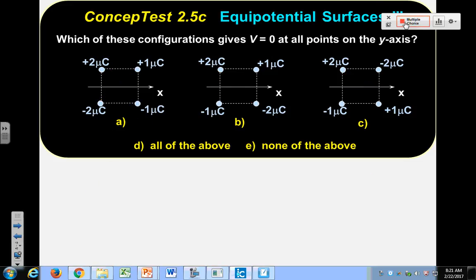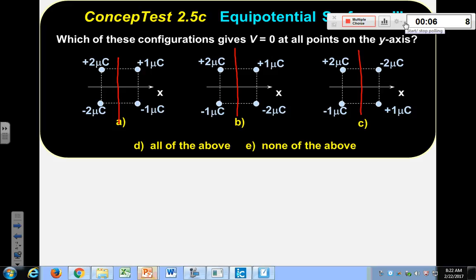All right, how about on the y-axis? So now we're looking at the y-axis in this direction, in between those four charges. Looking at the y-axis now instead of the x.